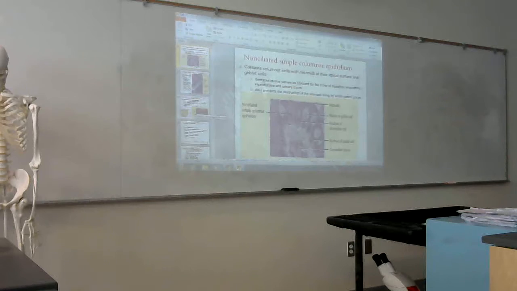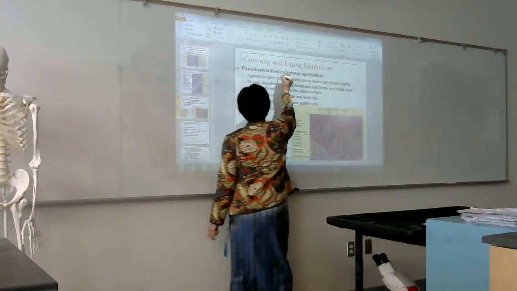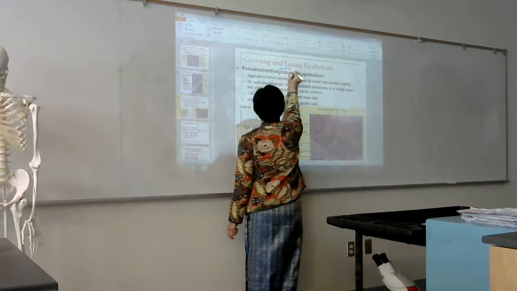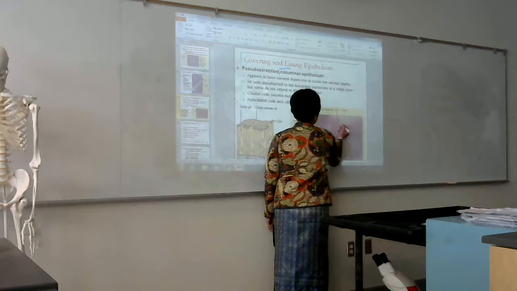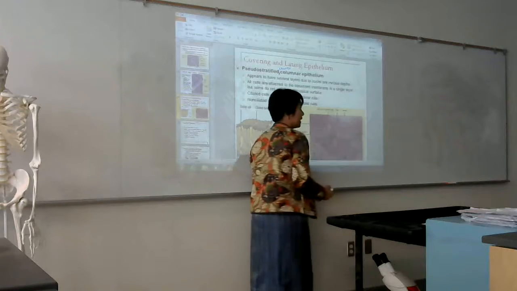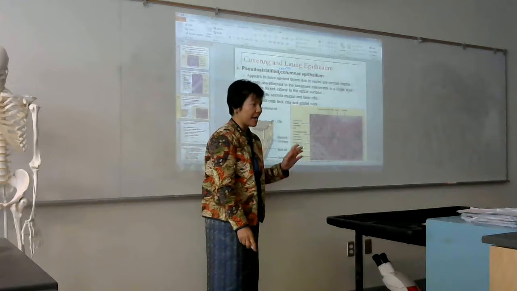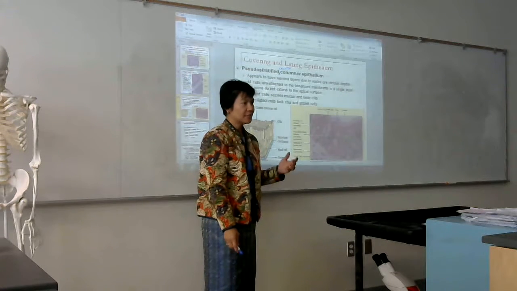Here's another type of simple epithelium. It's ciliated. So this is pseudostratified ciliated columnar epithelium. You see the difference? The cilia is hairy, okay? There's only one slide that I'm asking you to draw that is ciliated. What does that mean?